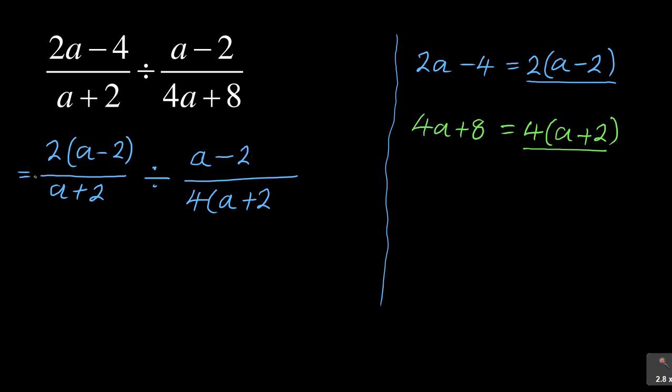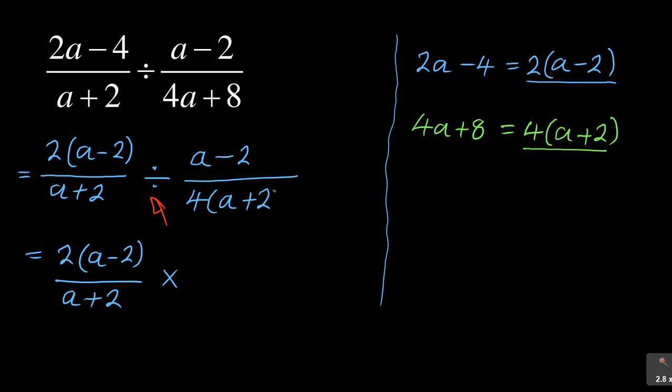To simplify this further, I need to sort out this division sign. If you work with fractions, you will know that you must first change the division into a multiplication sign before you do anything. So from division it changes into multiplication.